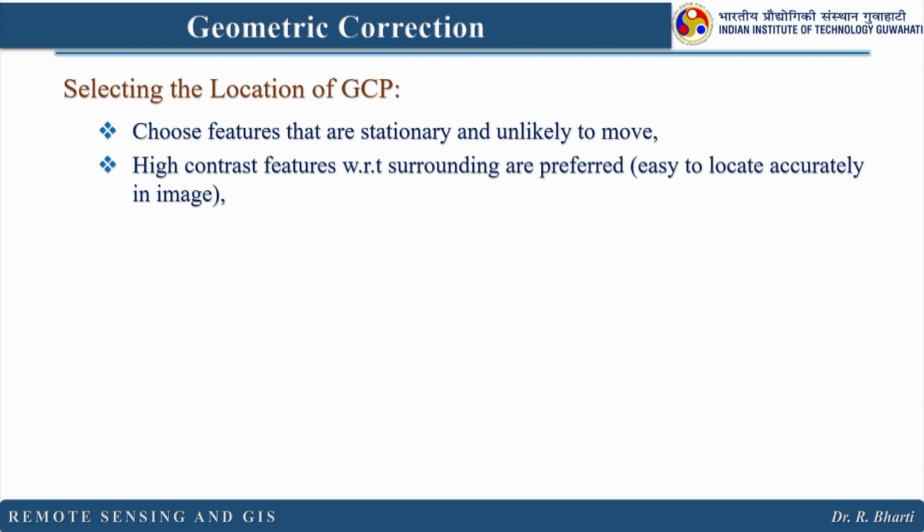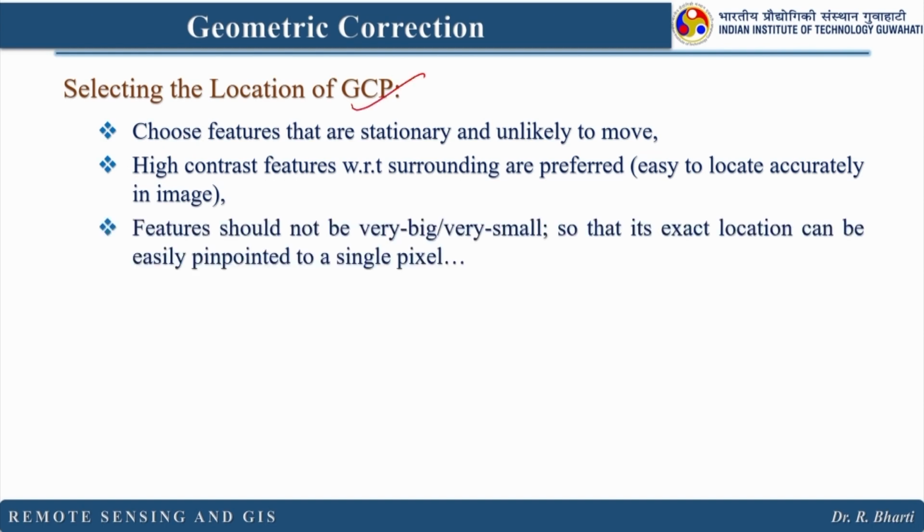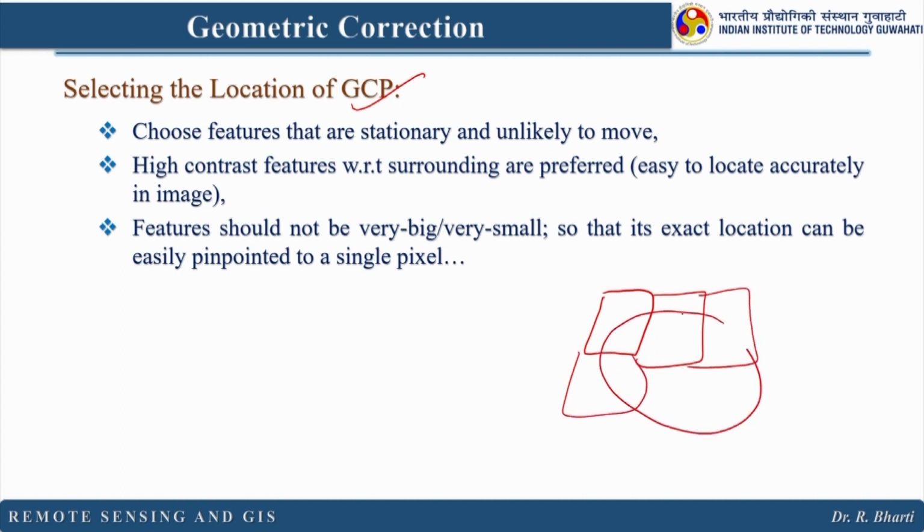Features should not be very big or very small, right? Because if it is very big, the whole image will be covered by that object only. But if it is very small, it should still be identified in multiples of pixels, then only you will be able to find out the corners.